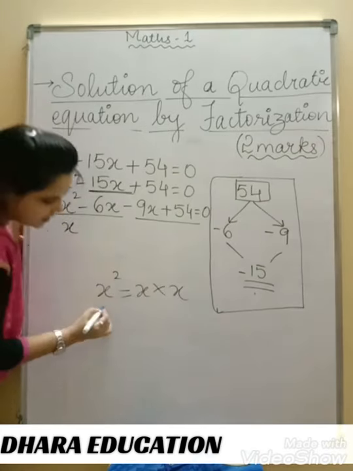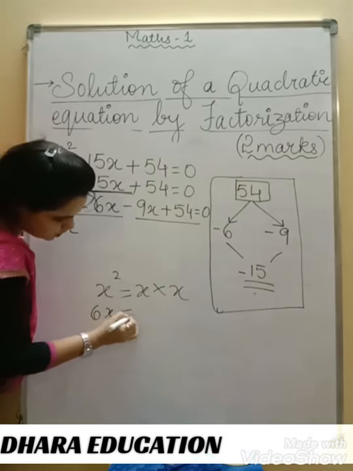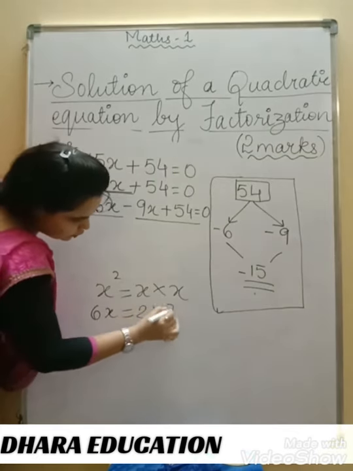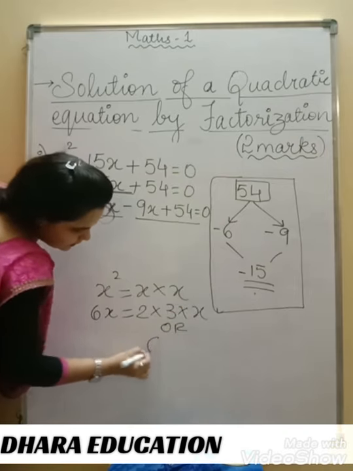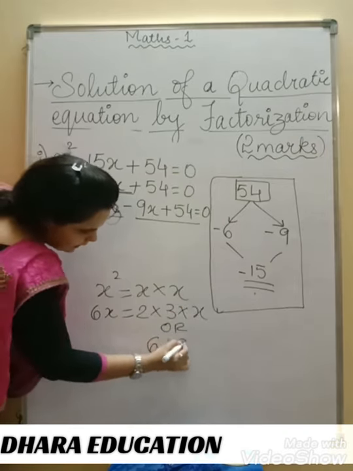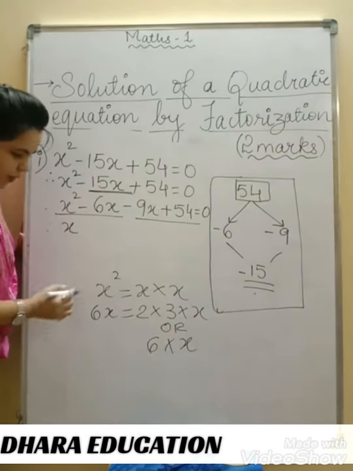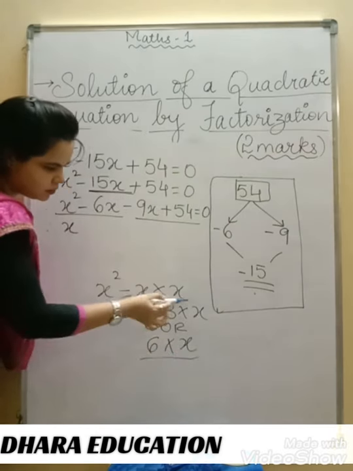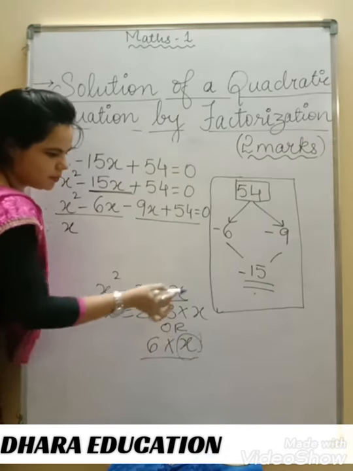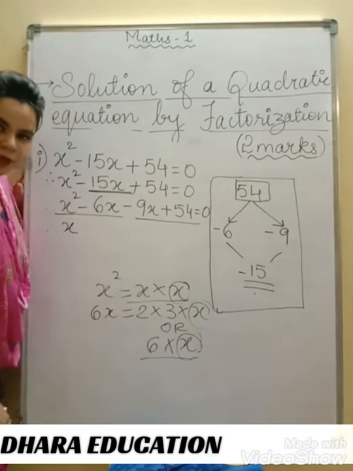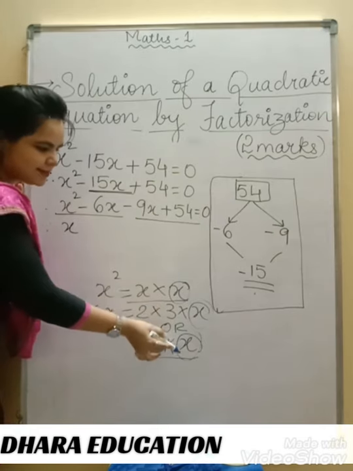If I am talking about 6x, 6x means what? 2 multiplied by 3 multiplied by x, or you can write 6 multiplied by x. So in this particular answer, which one is common here? x is common here.